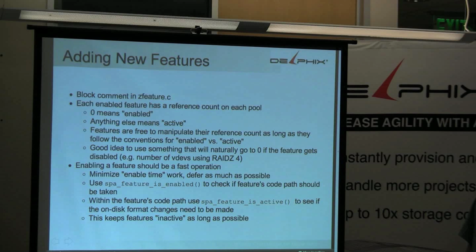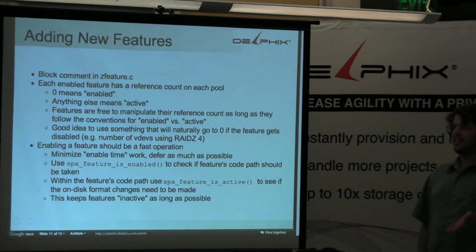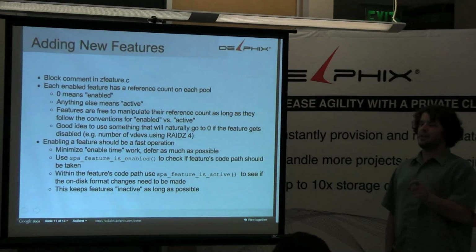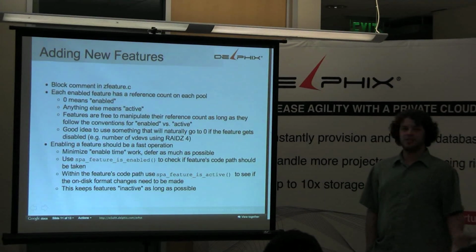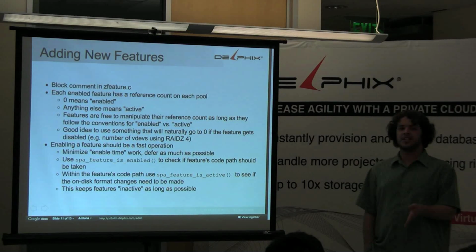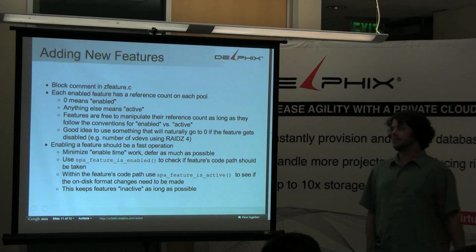There's a reference count per pool per feature, for each enabled feature. Sorry, if the feature is not enabled on the pool at all, there's not even a reference count. Once you enable it, the reference count shows up. It's set to 0. As long as it's 0, that means enabled but not active. Anything other than 0, positive numbers, there's no negative numbers, means active.